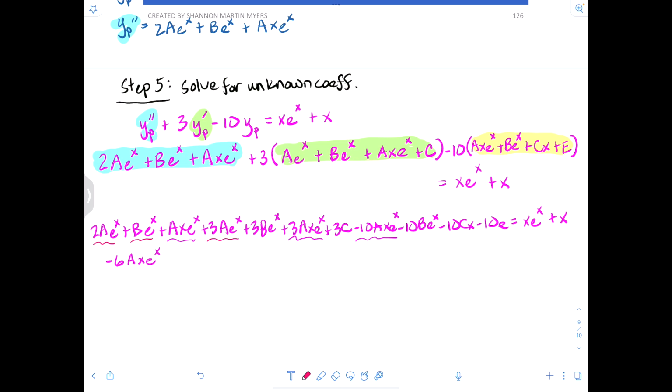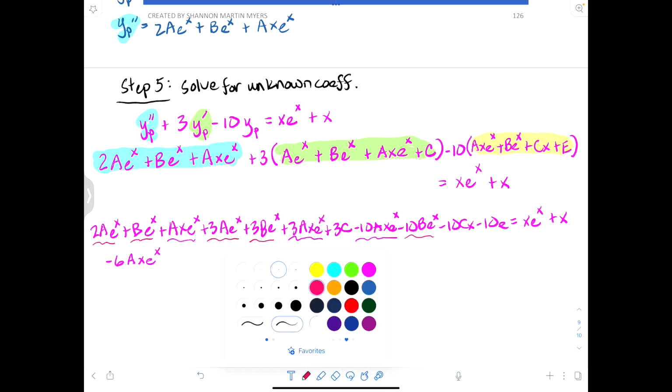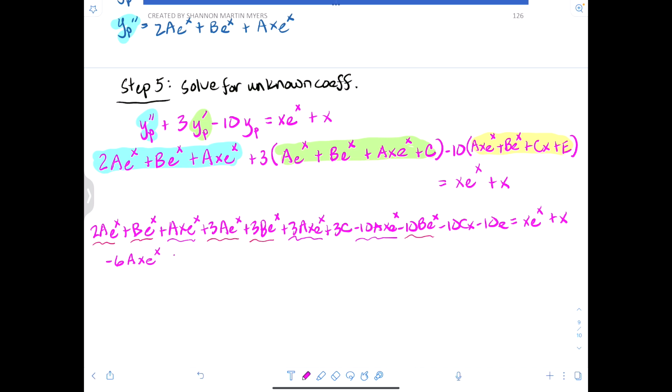But I've got a b e to the x here, 3 of them here, which would give me 4, and then minus 10 of them here. So combining those, I'll have the quantity, and I'm going to put this in parentheses: 5a minus 6b, and I'm going to factor the e to the x to the right.